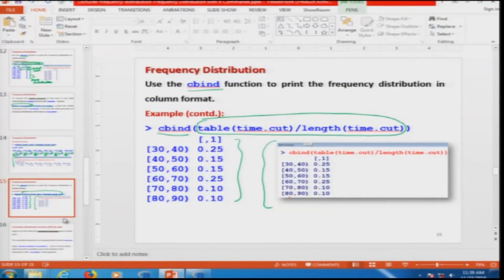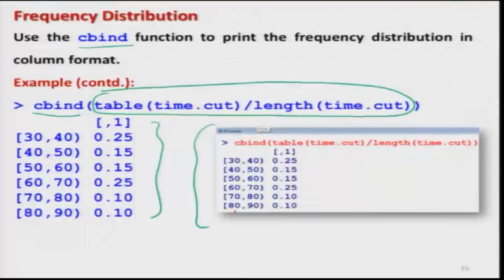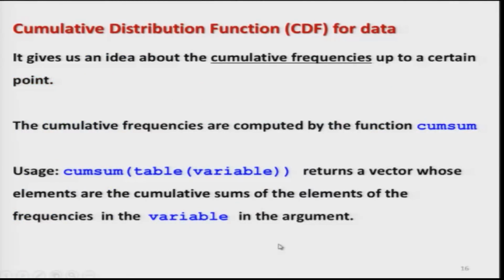Now, after this, the next thing is the last column, which was the cumulative distribution function for the data, or the cumulative frequencies we would like to compute. As we had discussed, the cumulative frequencies give us an idea, up to a certain point, how many values are less than or equal to this particular value.